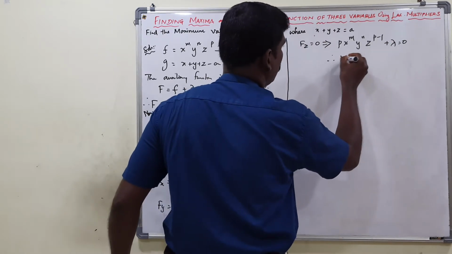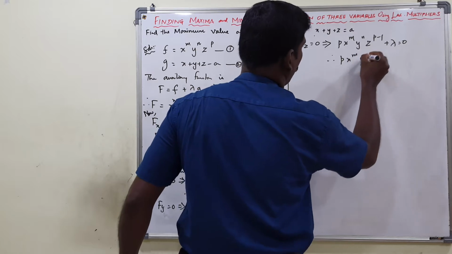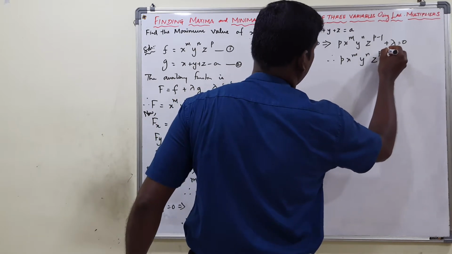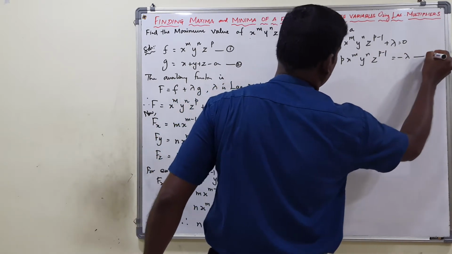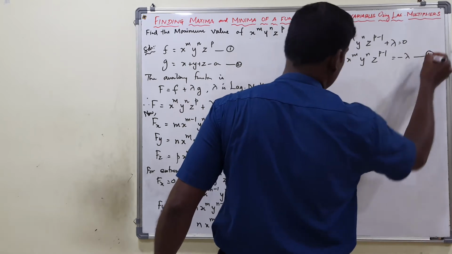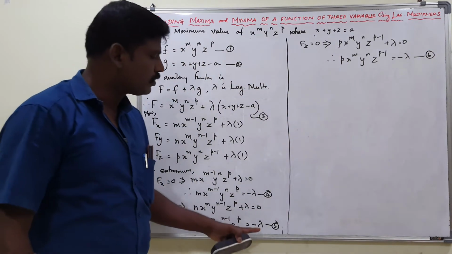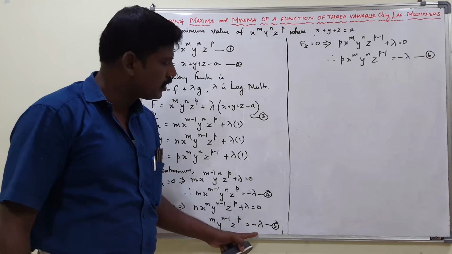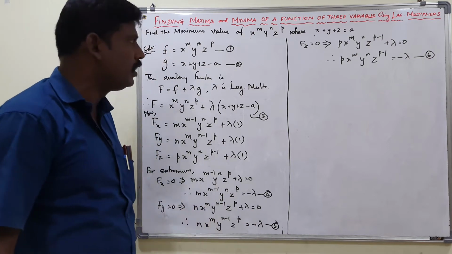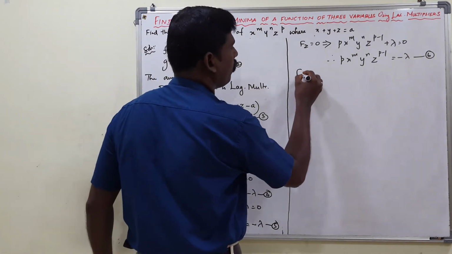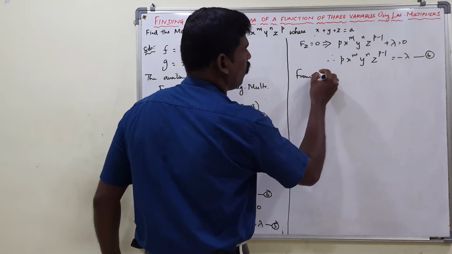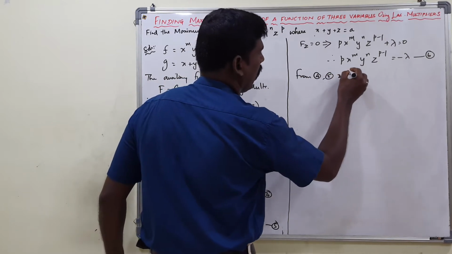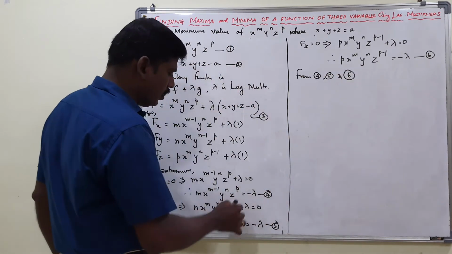Therefore, p into x power m y power n z power p minus 1 equal to minus lambda. Called equation number 6. So look at equations 4, 5, 6. Right hand sides are equal, isn't it? Therefore, we can equate the left hand sides of 4, 5 and 6. We can equate all these three.